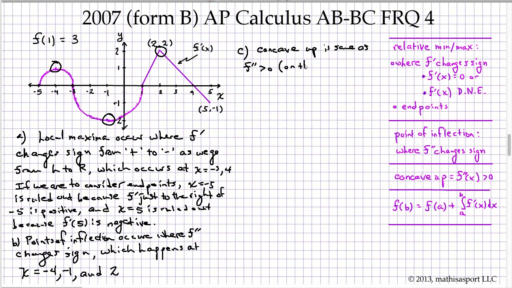On the graph at right, that is slope greater than 0, which occurs over what intervals? Well, where's the slope greater than 0? Negative 5 to negative 4, and negative 1 to 2.